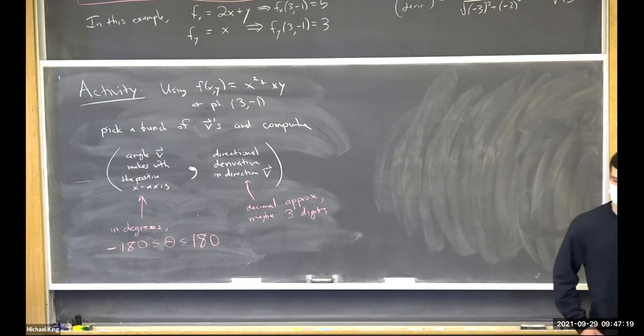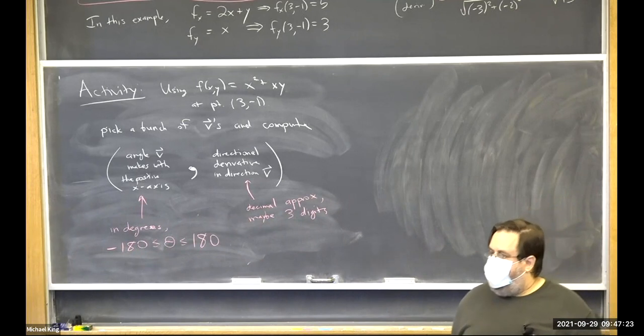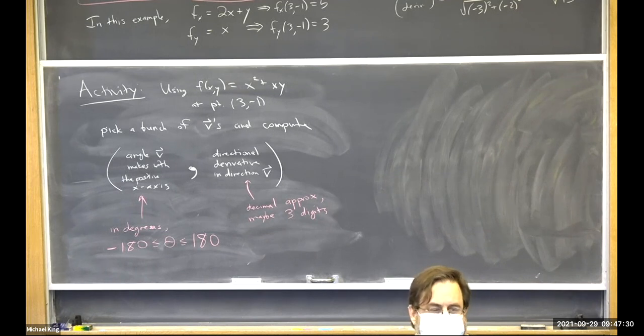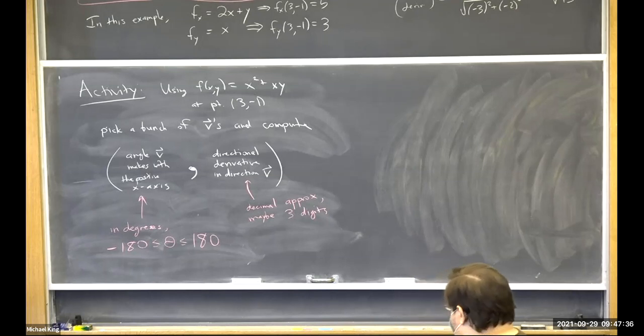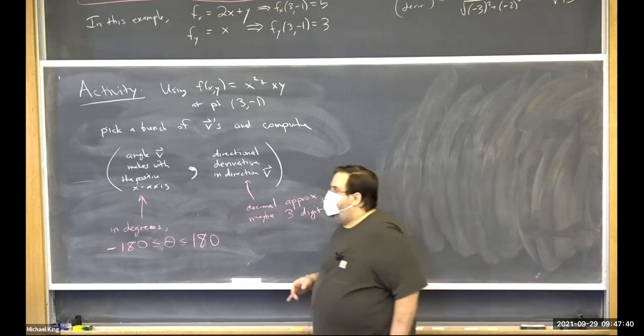Okay, awesome. Thank you. Like I said, if you've already given me some points, you can try to figure out the directions where the slope is 0 or where it's maximized. I need more points. I am hungry for more points.